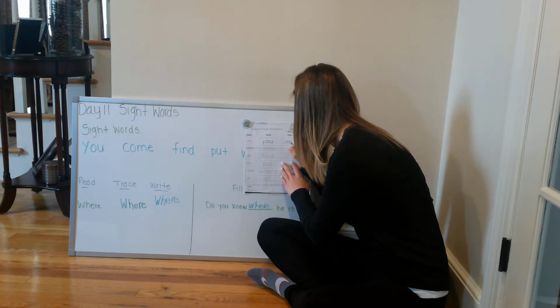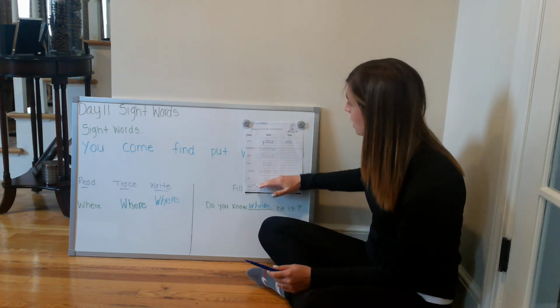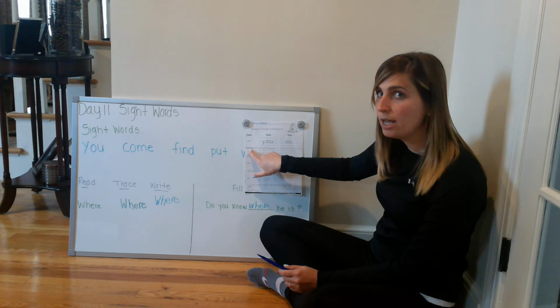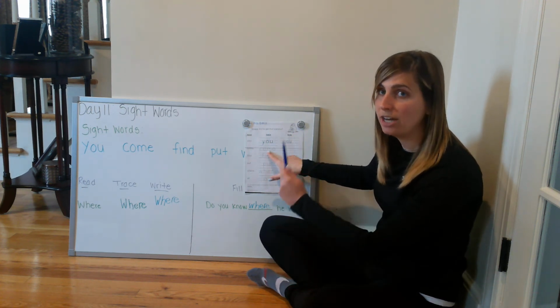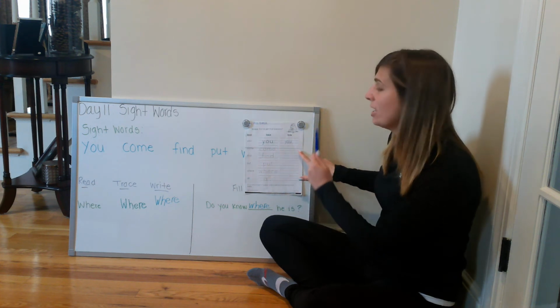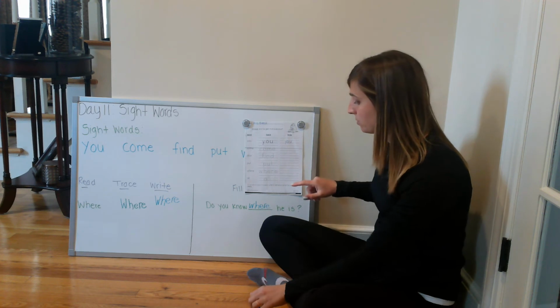Y-O-U. And you would do that for your next 5 sight words. Read the sight word, identify it, trace the sight word, and say each letter as you're writing it, and then write the sight word out on your own, saying each letter as you write it.